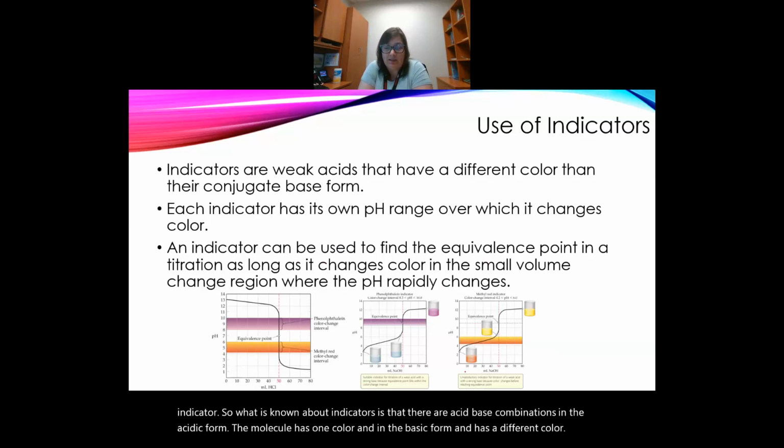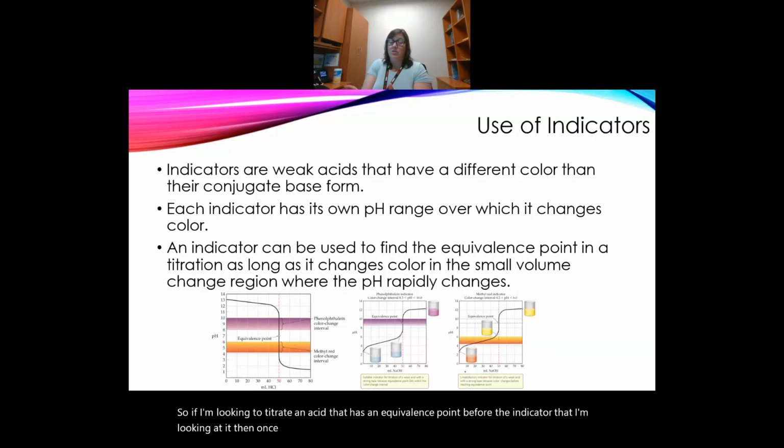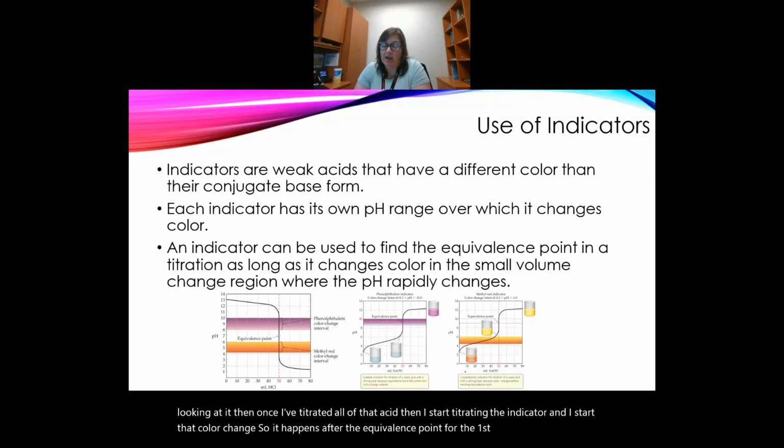If I'm titrating an acid that has an equivalence point before the indicator's, then once I've titrated all of that acid, I start titrating the indicator and the color change starts. So it happens after the equivalence point for the first acid. There is a gap, depending on how well we've chosen our indicator, and then we see this color change.